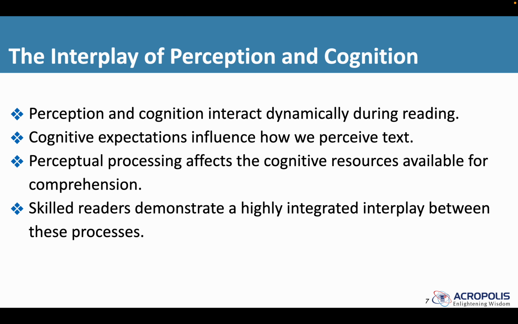Top down processing starts with context and prior knowledge to understand text. For example, reading a familiar word even if some letters are missing. Modern models combine both. This is called interactive processing. Our brain constantly switches between decoding text and using our knowledge to predict meaning.